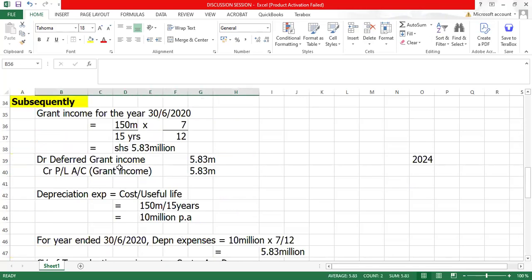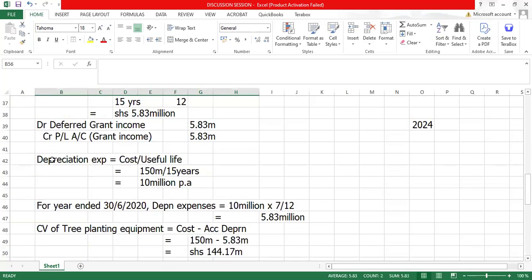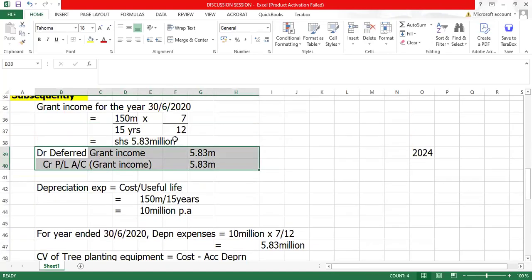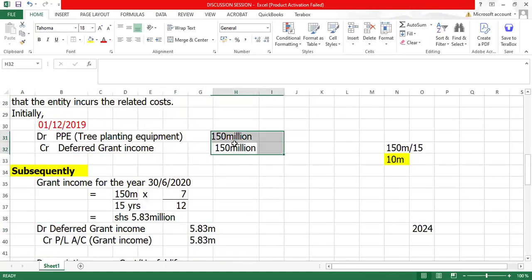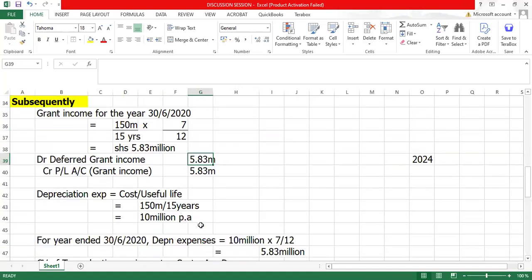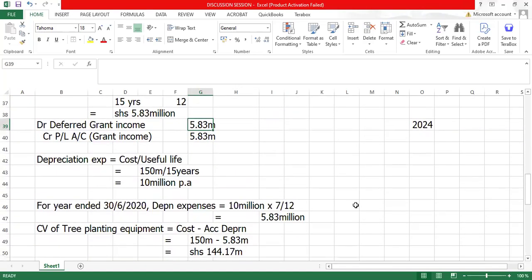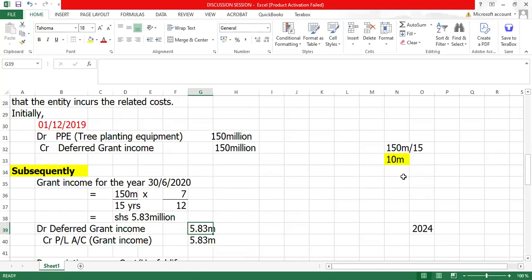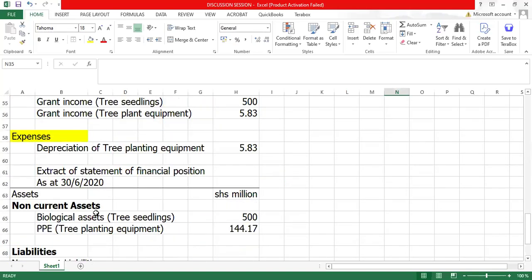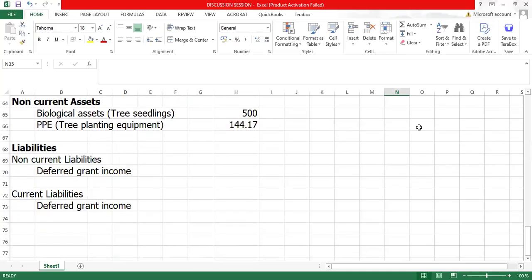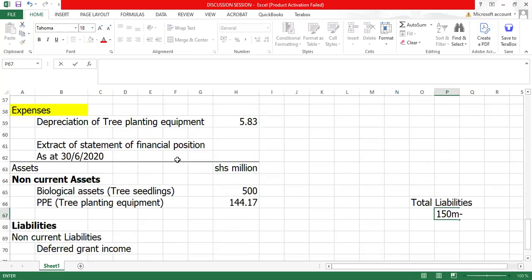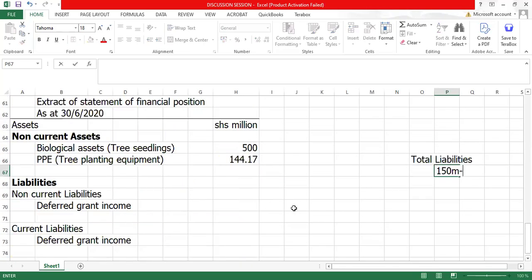Your liability reduced by this figure. So it means that the year is going to end, and your liability is 150 minus what you have actually recognized for the year, 5.8.